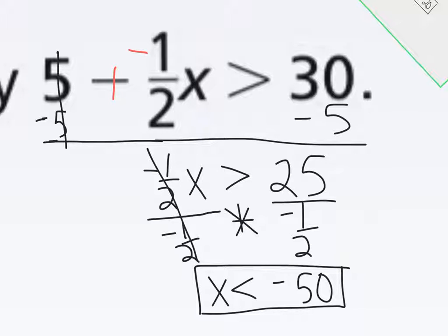And these problems, there are multiple solutions. Basically, we could put any number less than negative 50 into the original problem and we would get something that would work. For example, we could put a negative 100 in place of x. Obviously, that's less than negative 50, so that should work.